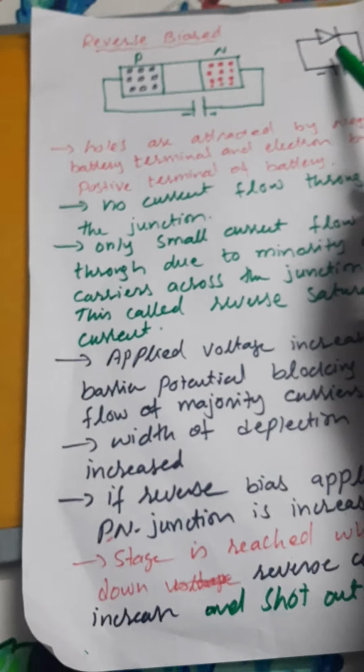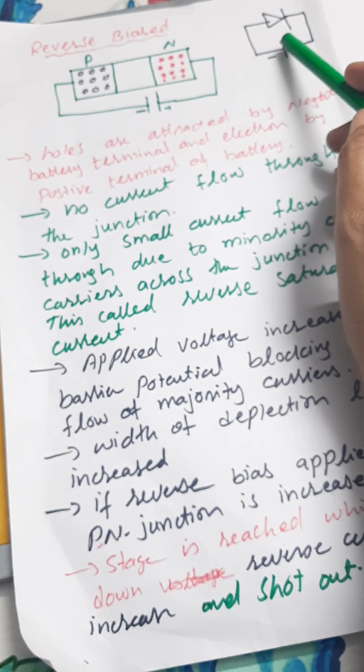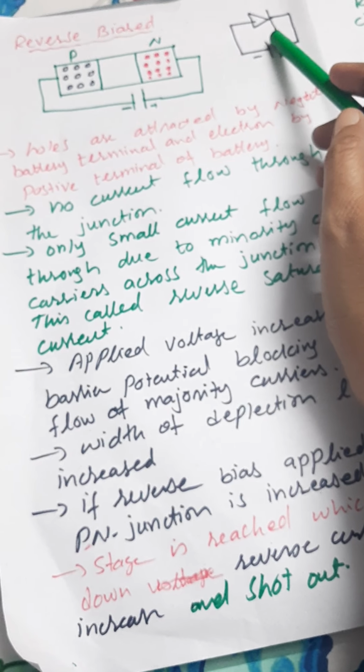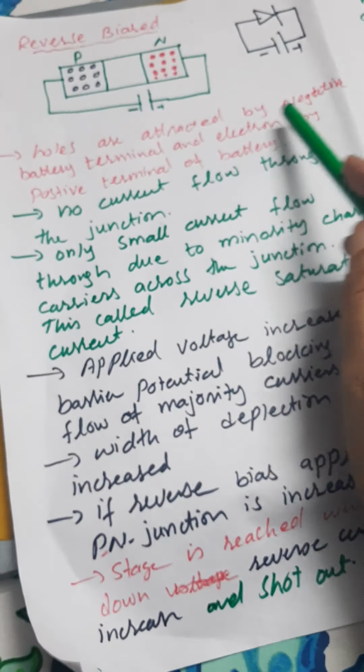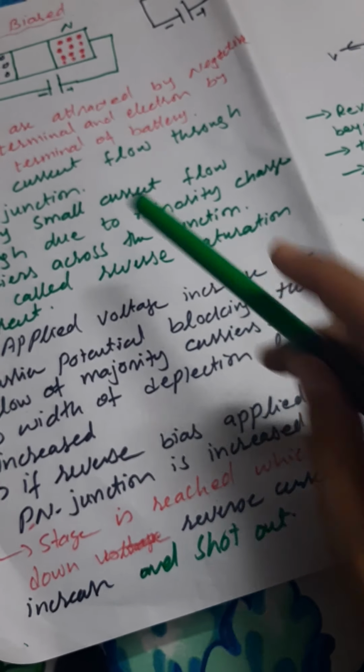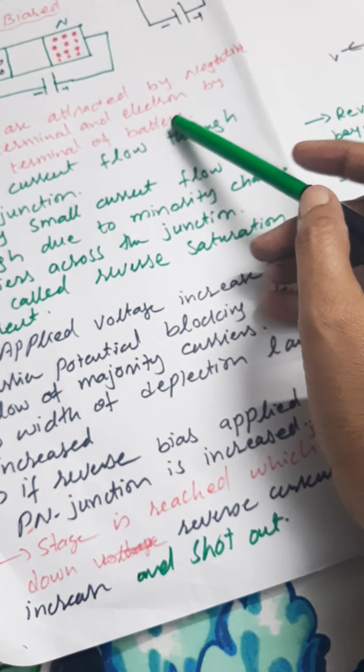This is the symbolic representation of reverse bias voltage की. Holes are attracted by the negative battery terminal and electrons are attracted by the positive terminal of the battery.